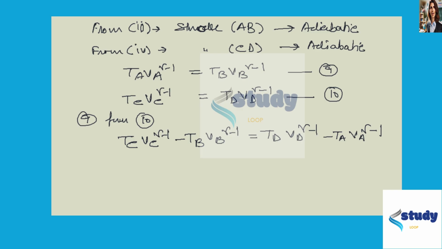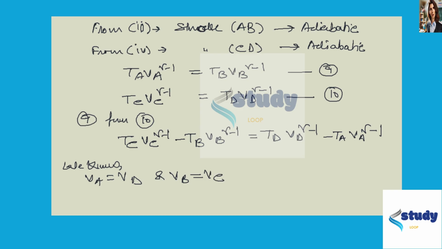Here we know that VA is equal to VD and VB is equal to VC.